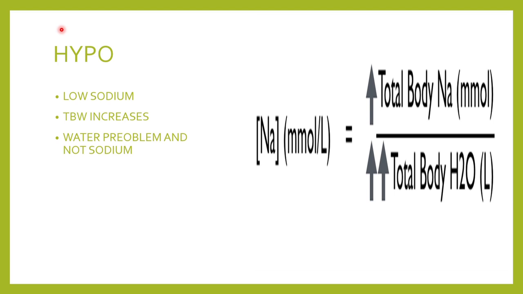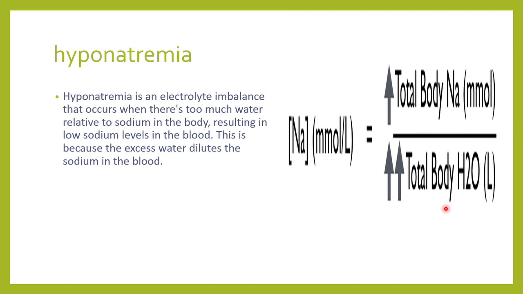Whenever we talk about hyponatremia, usually it is not the sodium which becomes less, it is the fluid, the total body water, which becomes more, and it appears that the sodium concentration has gone down. So that will create the changes in the cell, either cell shrinkage or cell swelling.